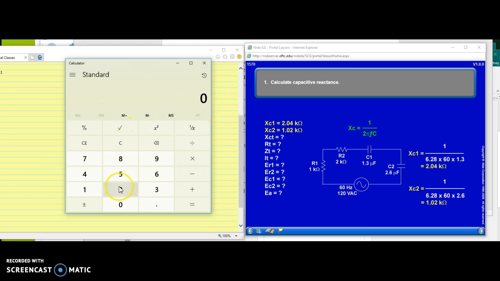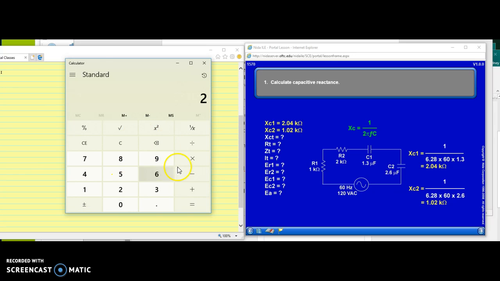So we're going to say 2 times 3.14 times frequency, which is 60, times, and we're doing it for C1, which is the 1.3. Whoops, I already messed up.